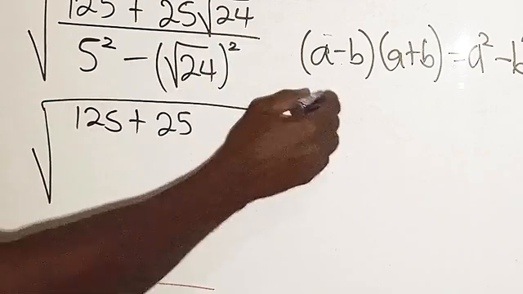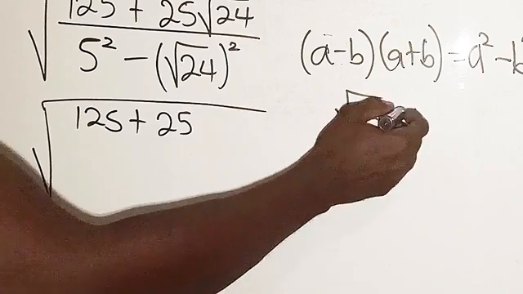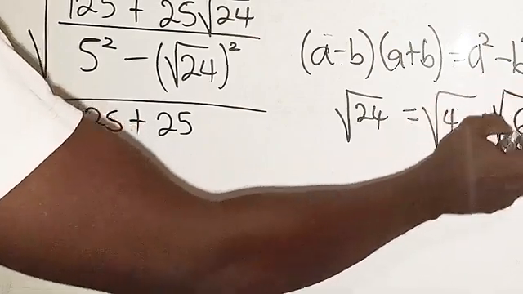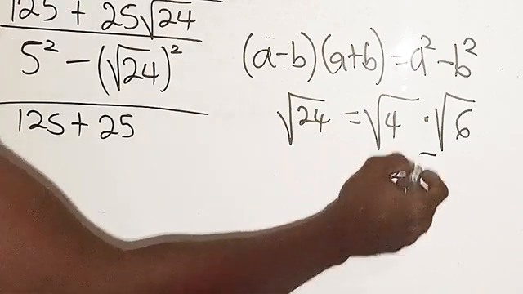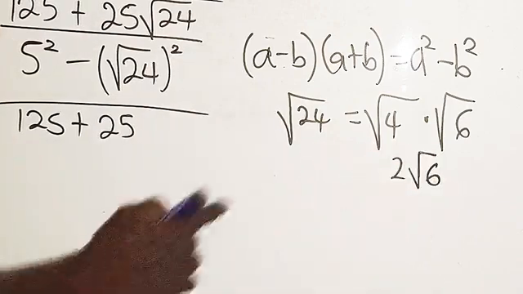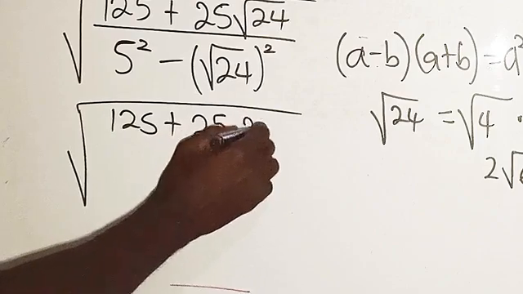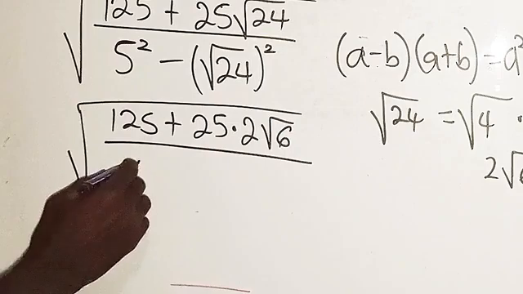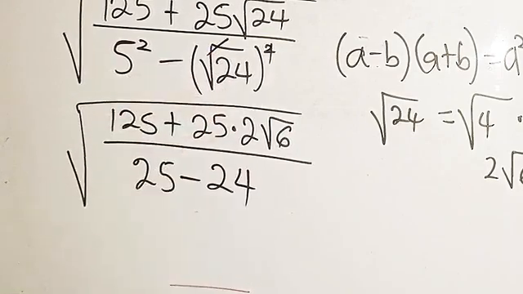And you know that here also this root 24 can be root 4 multiplied by root 6, which is going to be 2 root 6, right? So that is root 24. So we're going to have 25 multiplied by 2 root 6, then divided by 25 minus this, we cancel this, we have 24.